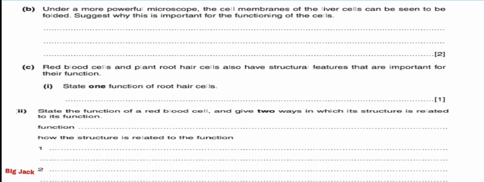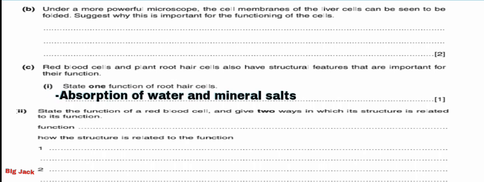Then when it comes to C, it is saying red blood cells and plant root hair cells also have structural features that are important for their function. Roman number 1. State one function of root hair cells. So the function of root hair cells is just to absorb water and mineral salts.